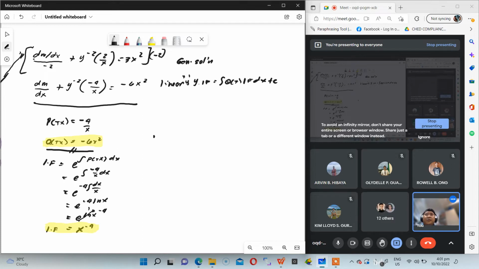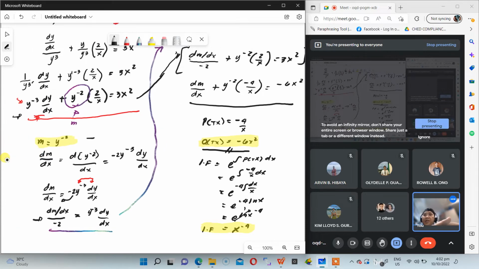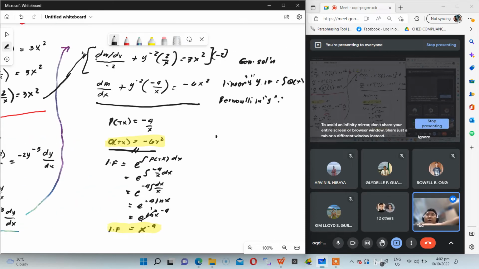In this case, this is for linear in y. So, if it is Bernoulli in y, since we are using m, remember? We use our m here.